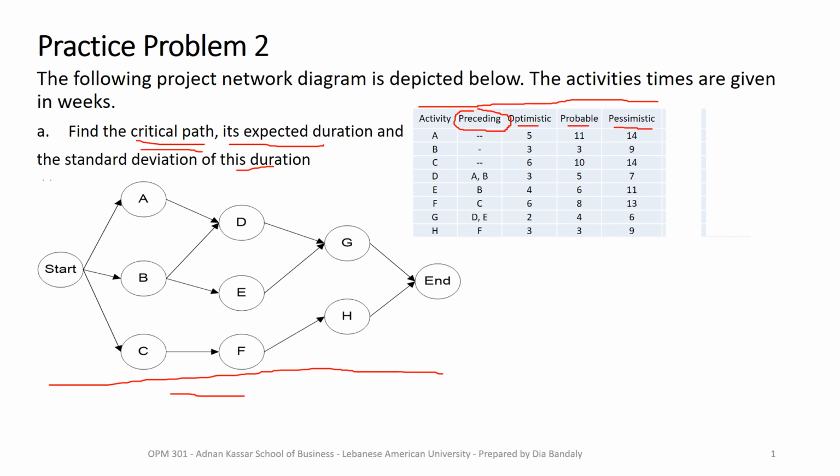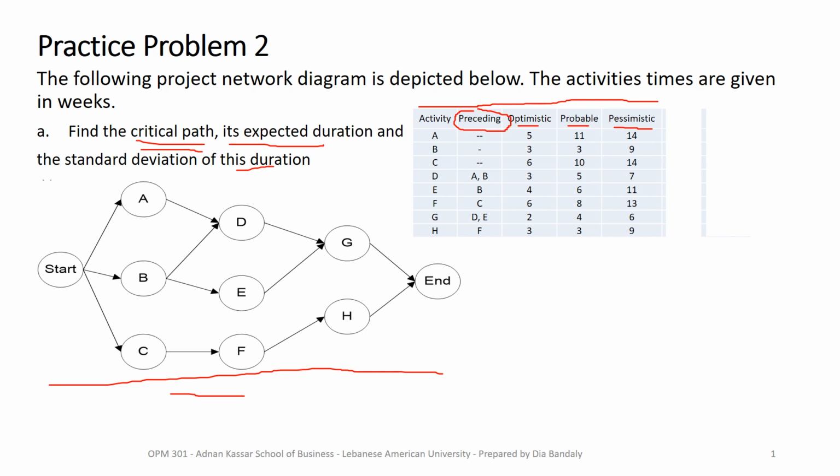So how to find a path duration? For every activity we find the expected duration, and then we sum up the expected durations of the activities, and this will give us the expected duration of the path.